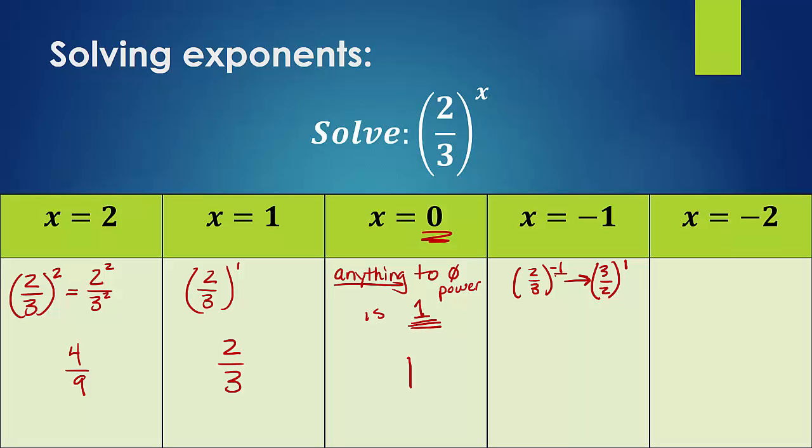So this changes to a positive after we write the reciprocal of the fraction inside. So now the answer to this is 3/2. And then over here, 2/3 to the negative 2 is actually 3/2 to the positive 2, which is 3 squared over 2 squared, which is 9/4.